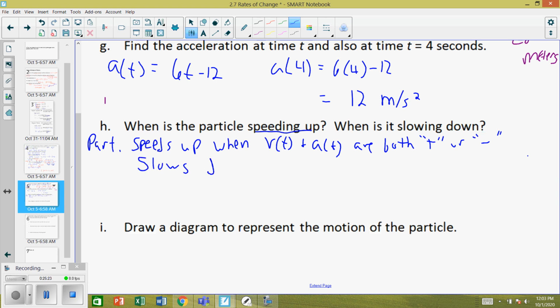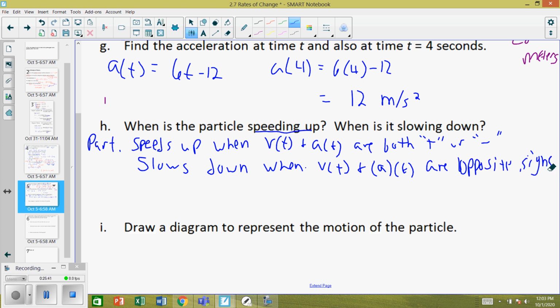Slows down when V of t and A of t are opposite signs. Okay, so there's your justification.